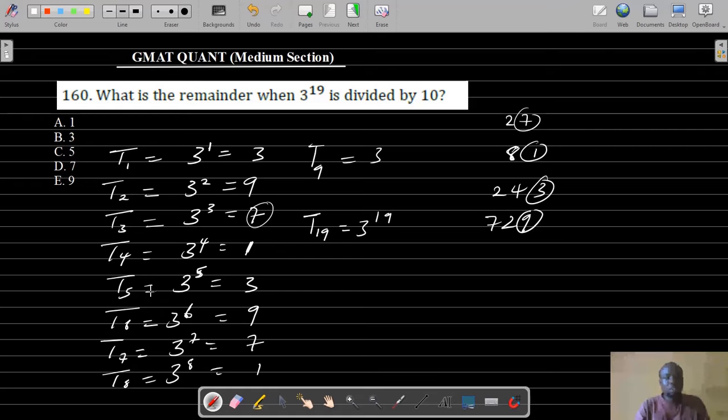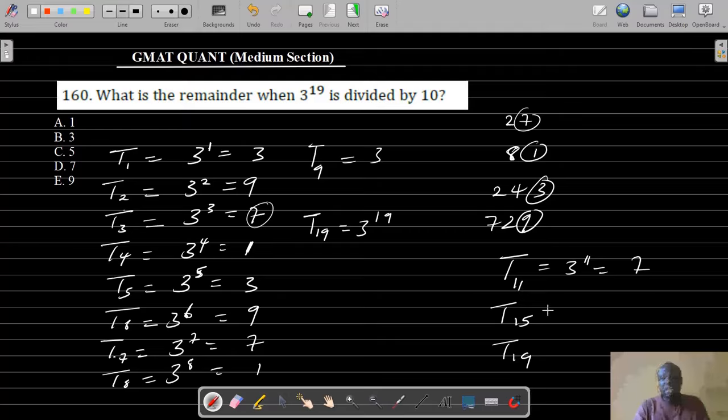T3 is the same as T7. You add 4 to 7, that's T11, T15, and T19. T11 will be the same as T7, which is 3 raised to power 11, and it has the same unit value as T7, which is 7.